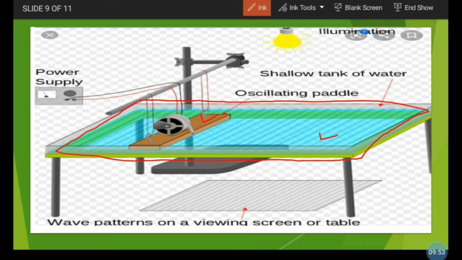When the motor of the vibrator is connected to the power supply with the help of wires, then the vibrator vibrates on the surface of water, and as a result straight waves generate on the surface of water.